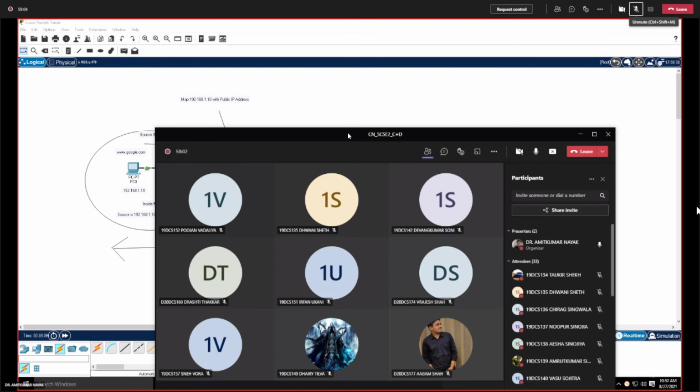You will get one private IP address range reserved in class A, one in class B, and in class C, the range reserved as private IP address is 192.168.0.0 up to 192.168.255.255.